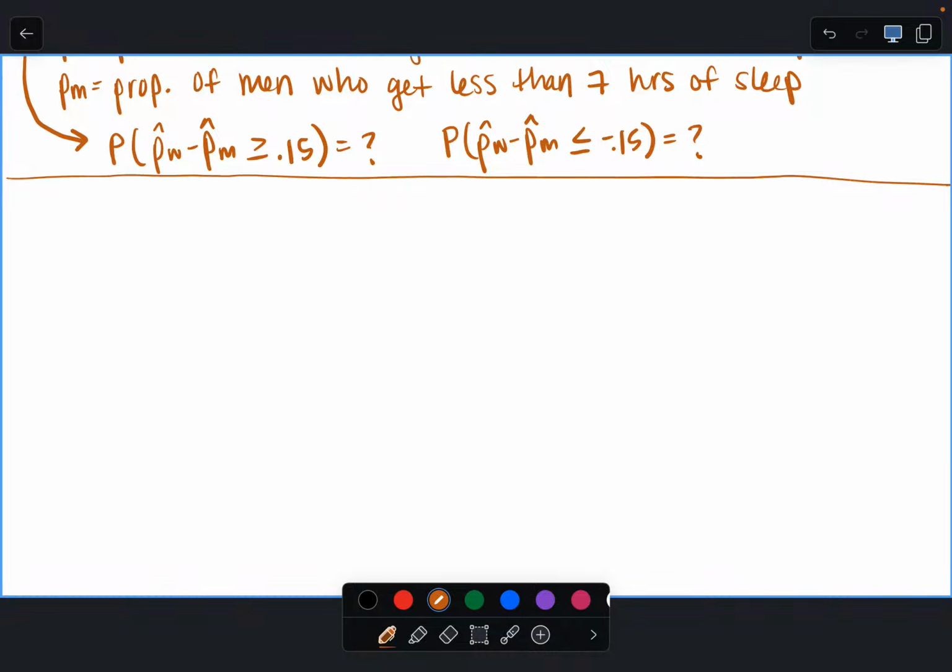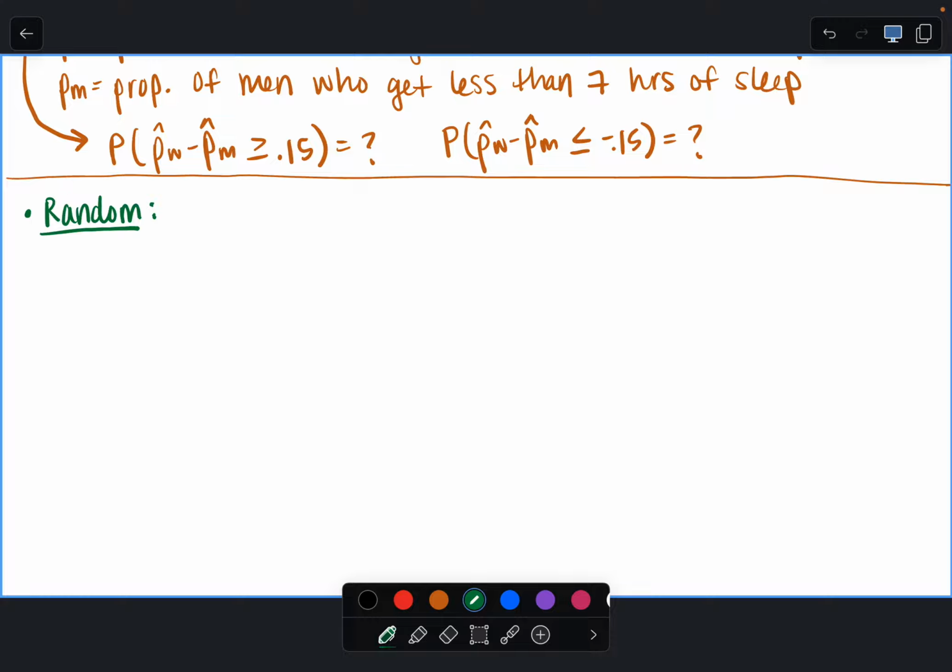Now, for the conditions, I like to label what I'm checking. The first thing that we usually check is random. And I mentioned this before, but you don't have to check it in the exact same order. You should, but you don't have to put all of these steps in order as long as it is on your paper.